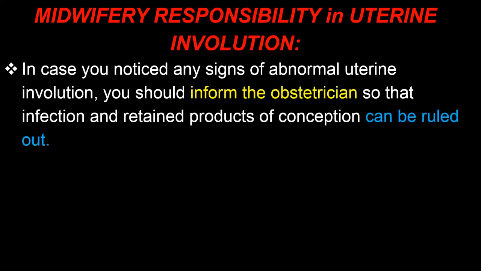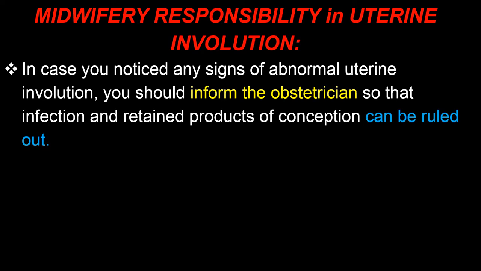Now, what are the different midwifery responsibilities that we should do to assist the patient during her uterine involution? Number 1 is that in case you notice any signs of abnormal uterine involution, for example the uterus is not contracting, you should inform the obstetrician immediately so that infection and retained products of conception can be ruled out. Always remember that a relaxed uterus may be caused by, number 1, retained placenta, or number 2, infection.